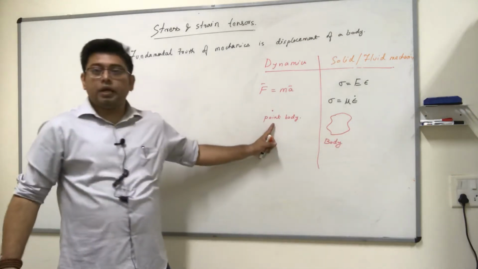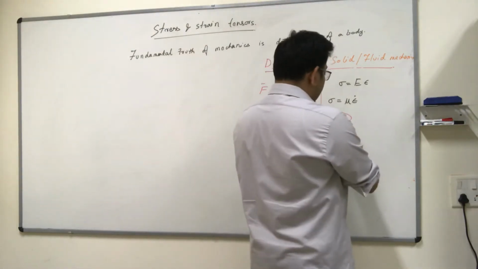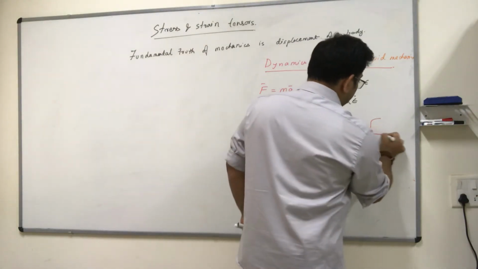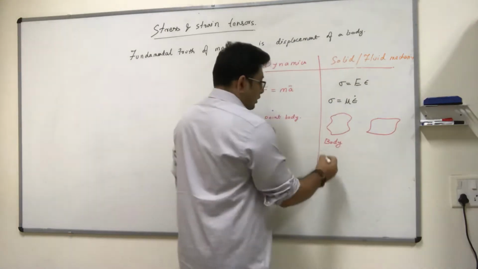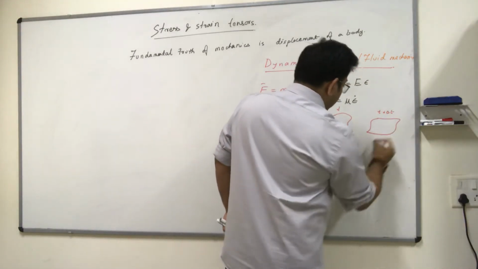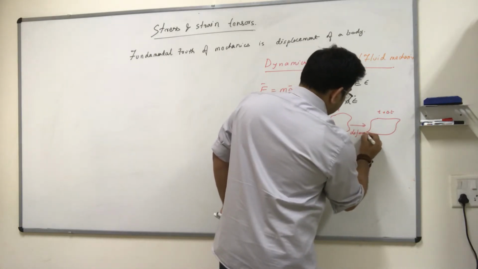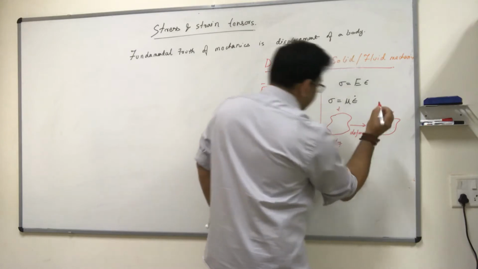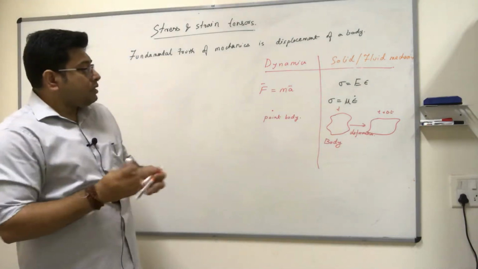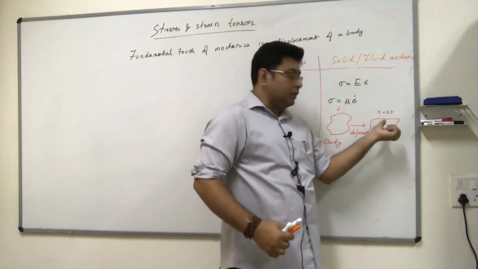It's not a point body like in Newtonian dynamics, and this body is not infinitely rigid. So this is going to change in shape. Okay. So this is the body at time t, and this is at some t plus delta t. So here now deformation occurs, which means that the points inside the body are displacing with respect to each other.